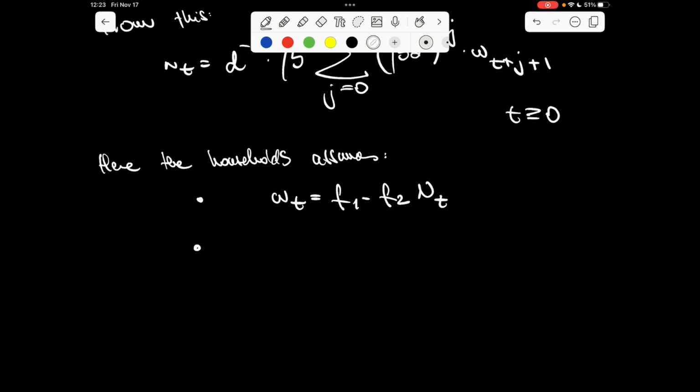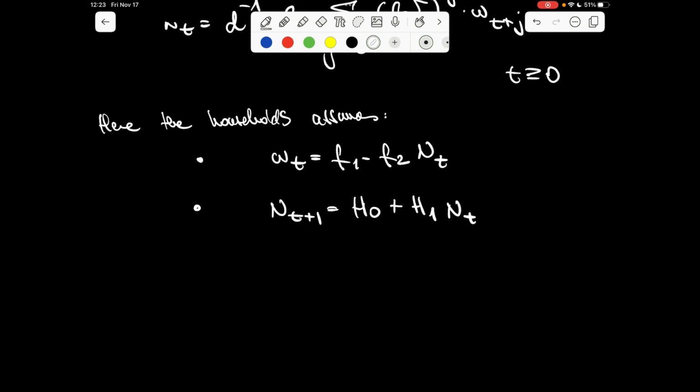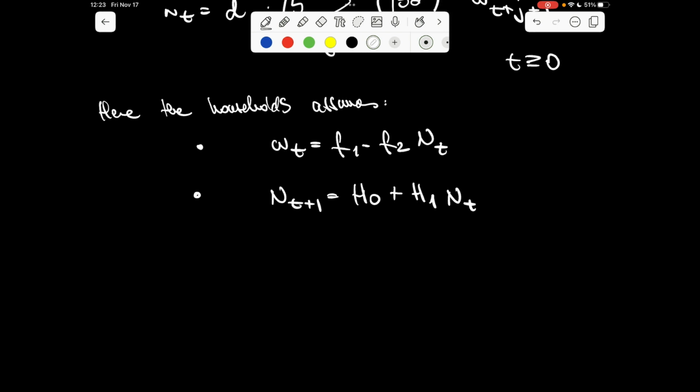There is another assumption. The household assumes that there is an exogenous aggregate equation that describes the dynamics of the labor force.